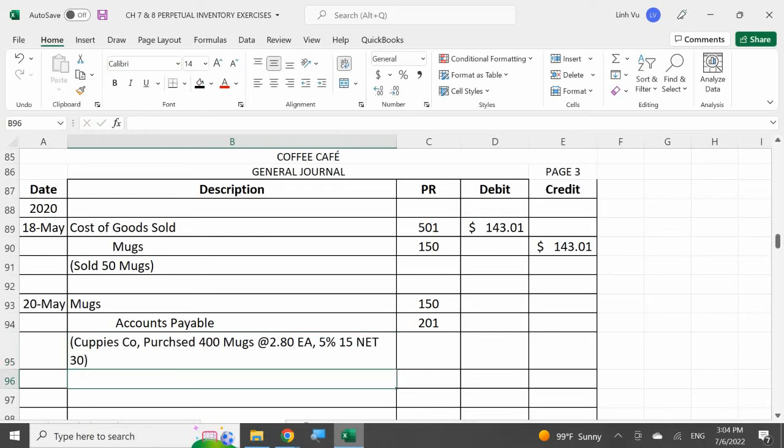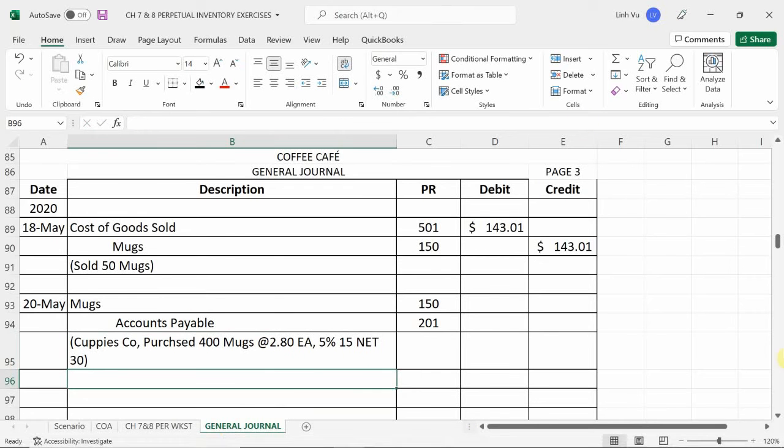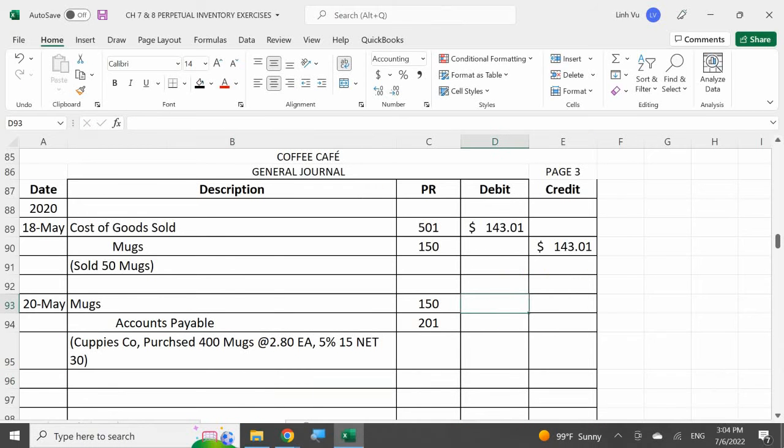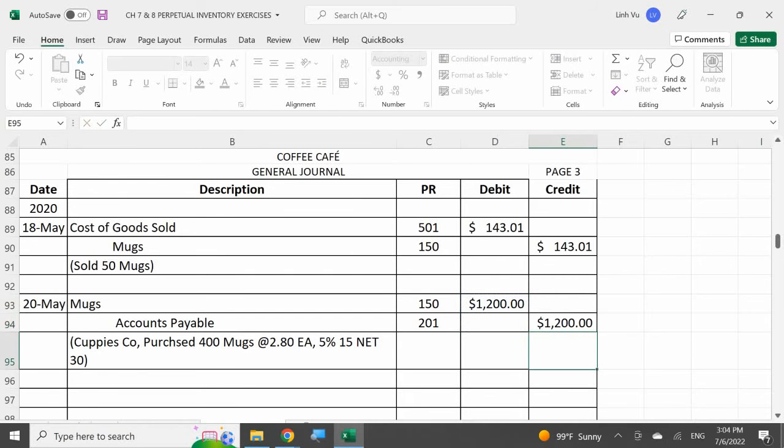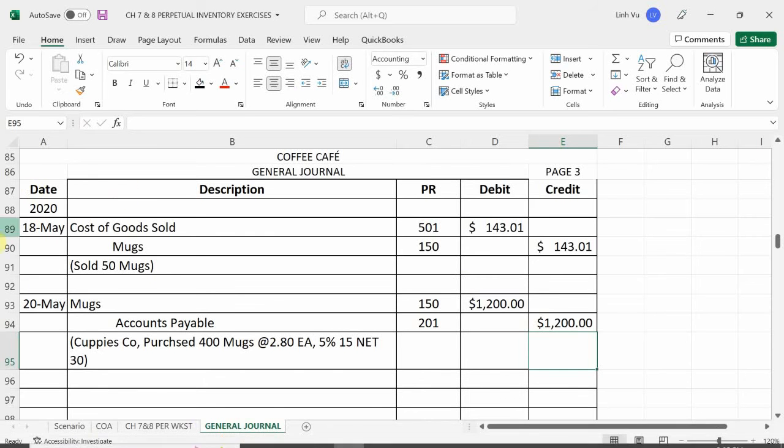So what is the total amount that I owe? 400 times $2.80 is $1,120, plus the $80 worth of freight gives you $1,200. And of course, we also get the terms of a 5% discount if we pay within 15 days. If not, it's due in 30 days. So there you go, we journalize our transaction here.